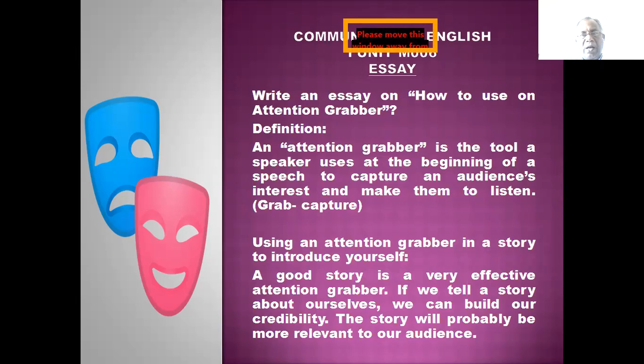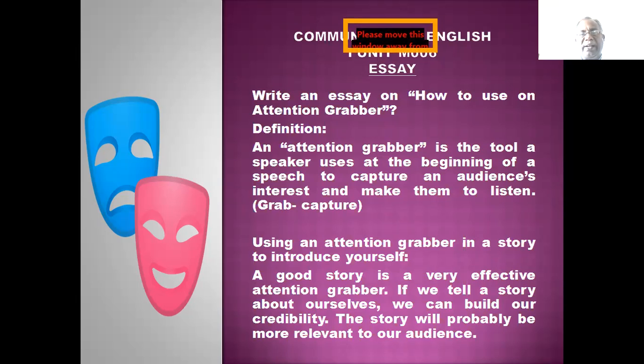And if you want to narrate the story to your fellow friends, then your story should be very attractive. If you say something about Sachin Tendulkar or Dhoni or any other personality, then they will listen.